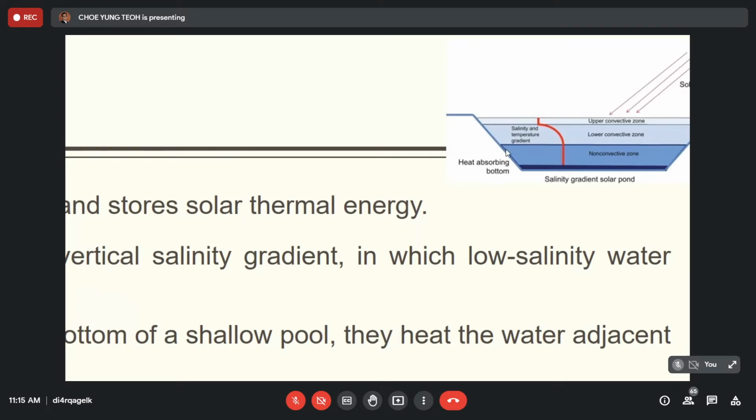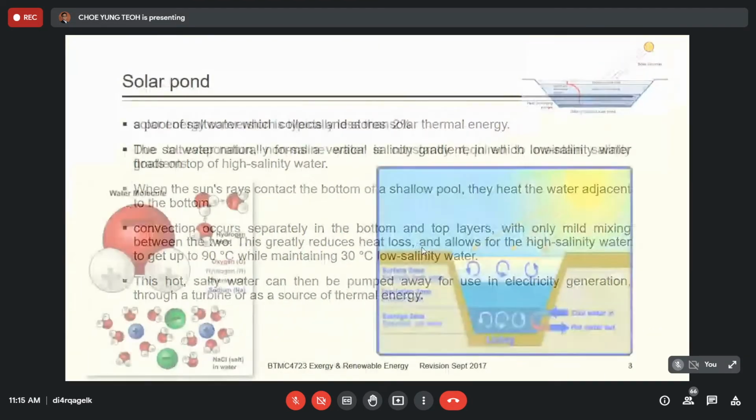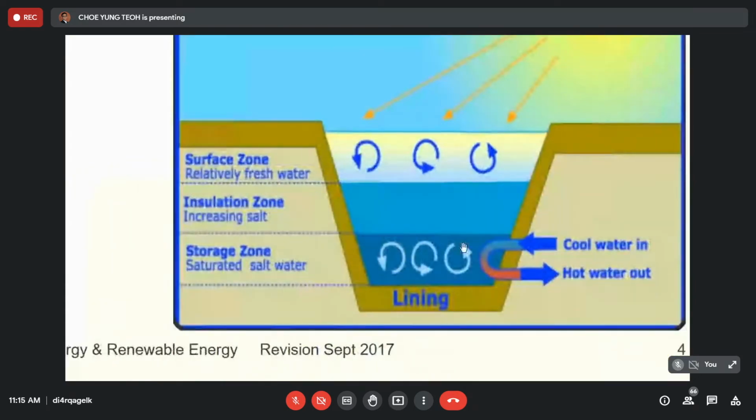Because now you have layers of water with different density, it is able to block the heat loss due to convection, because now you have different media. The medium at the bottom, which is the saturated salt water, is not able to escape to the upper level by temperature difference.